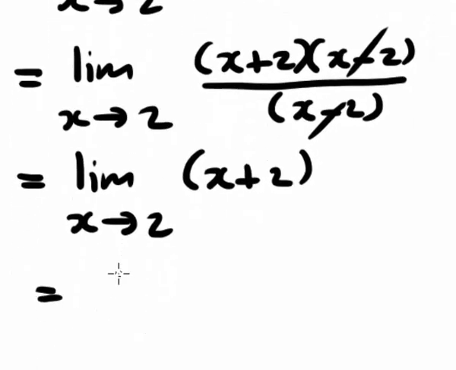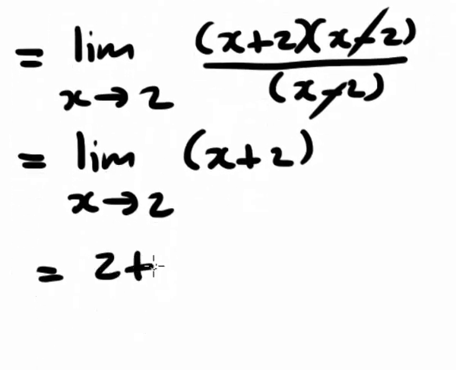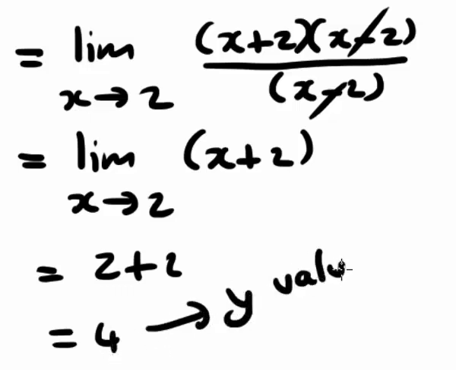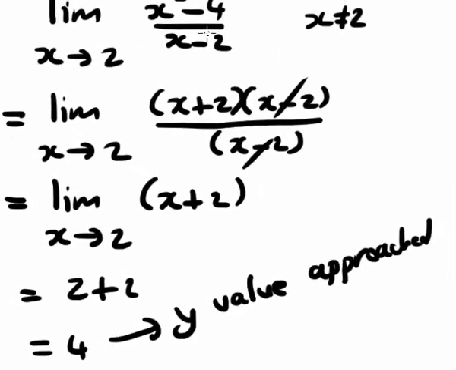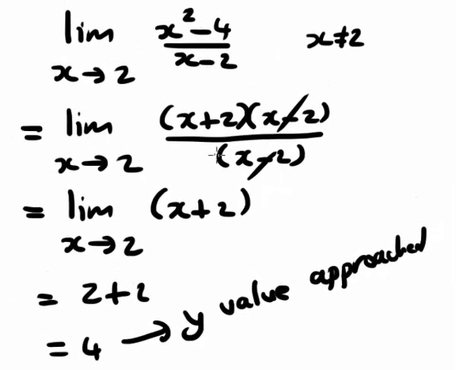Now we can plug in, drop the limit, 2 plus 2 is equal to 4. That's not the y value itself at x equals 2. It's the y value approached as x approaches 2. So all you have to do is factorize and plug in, and you'll have your limit there.